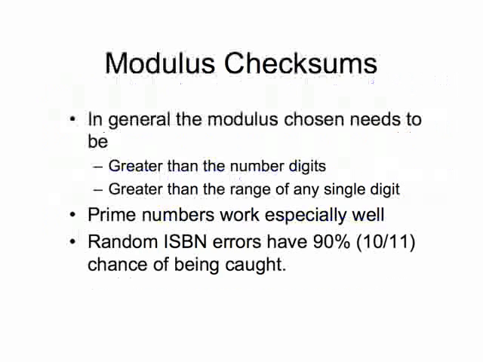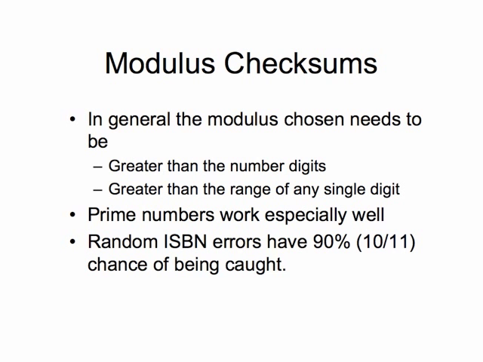This idea of seeing if one large number is evenly divisible or not by another smaller number comes up a lot, and we use the modulus function to work that out. Now, I don't want to go into the whole theory behind modulus checksums, but there are a few general rules that can help.